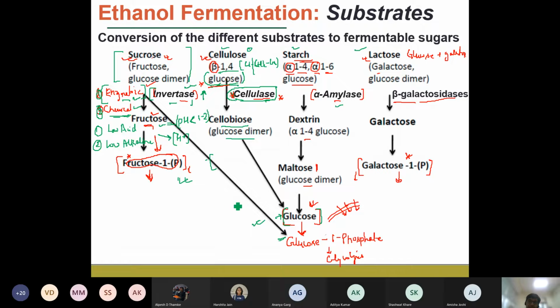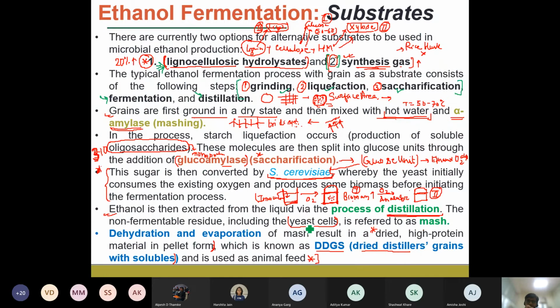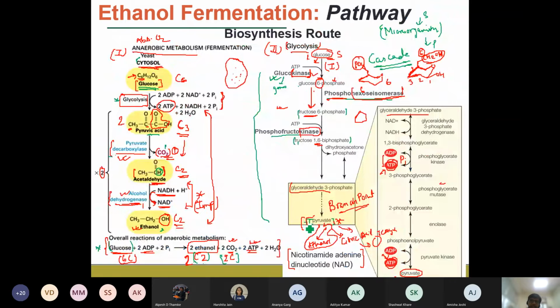For example, take this particular product, fructose 1 phosphate. If you look into the biochemical pathway, glucose generally converts into glucose 6 phosphate. Now if you want to use fructose, it has to enter this pathway through fructose 6 phosphate.